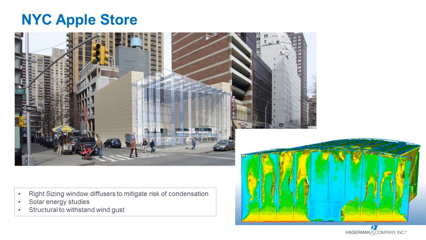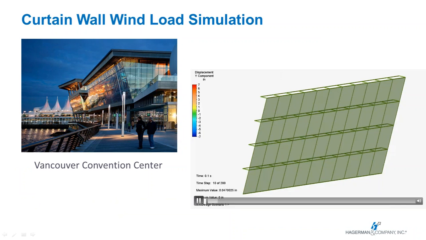Normally it's right there above the glass, and it washes down to create the cooling and stop condensation buildup and things. But what they actually did, the firm responsible for the design of this from an HVAC standpoint, they ran actually 40 different trials over a very short space of time to come up with an optimized design and flow pattern and distribution pattern of the inlets and outlets to the HVAC system. And on installation, it worked perfectly. No way you could have done that without the use of CFD.